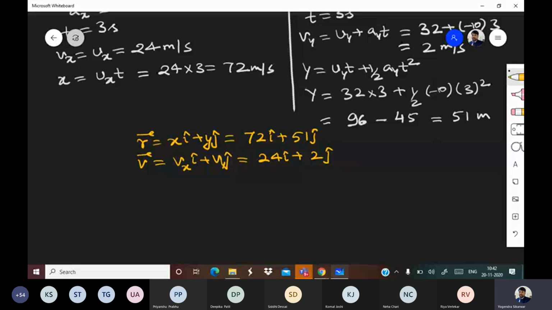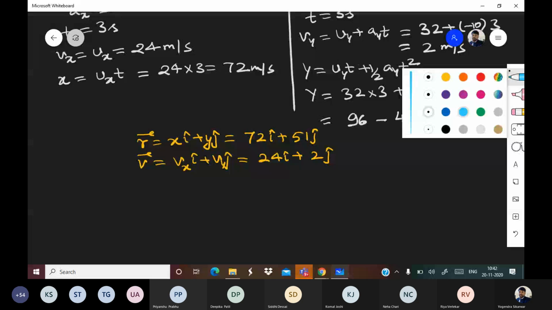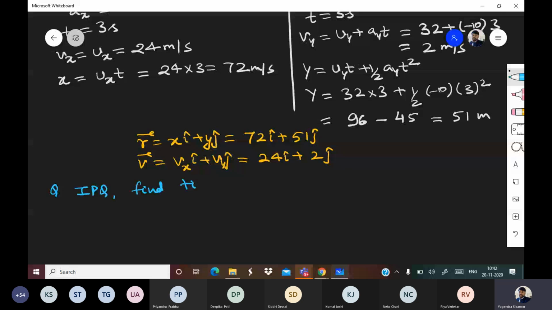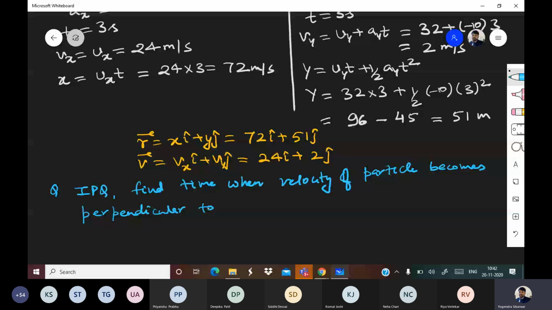IPQ. IPQ means in the previous question. IPQ, find time when velocity of particle becomes perpendicular to initial velocity.